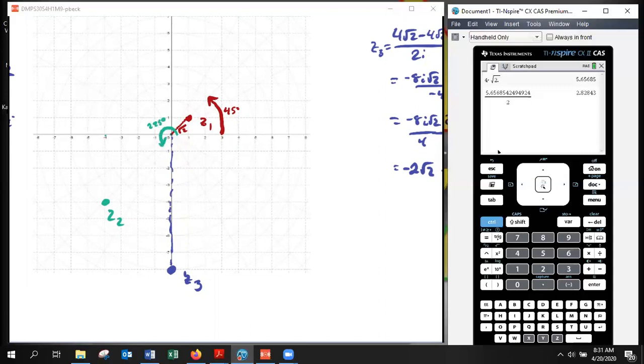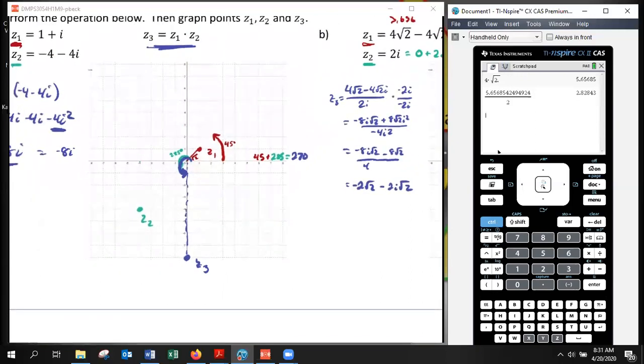So what happens if I take my 45 degrees and from that 45 degrees, I add 225? Together, that equals 270. Now, it's not a coincidence that that 270 is the angle of Z3. So this is the beauty, this is what I love about this.